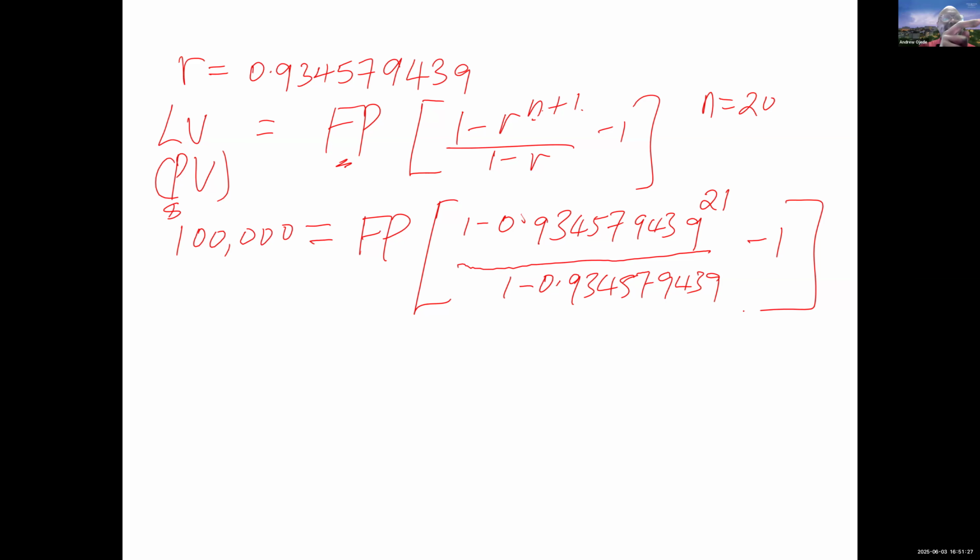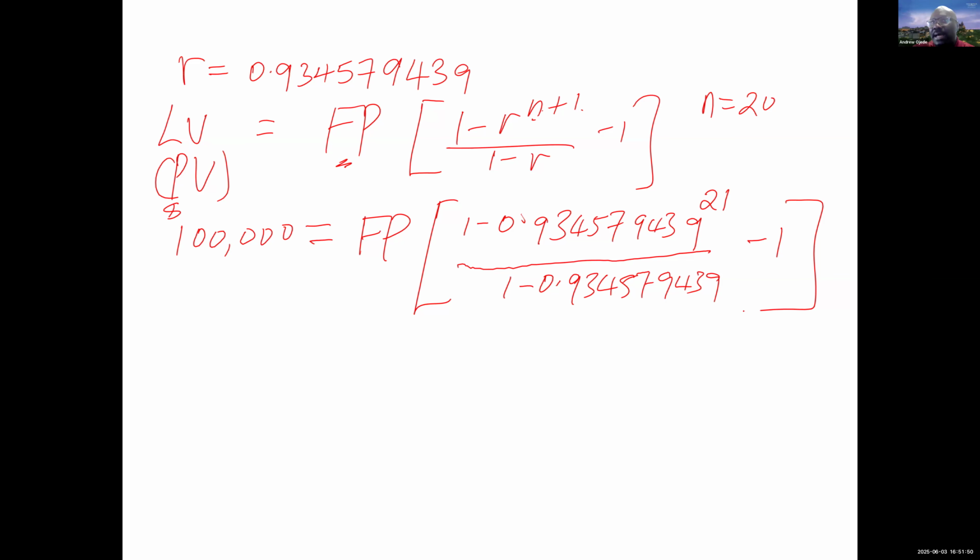That's that part. Then divide by, introducing a bracket again, 1 minus 0.934579439, close bracket, enter. So I get 11.5.